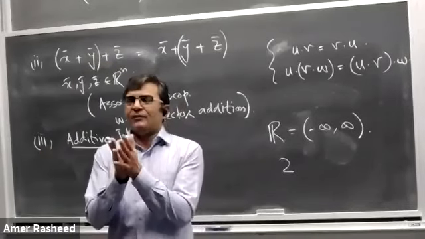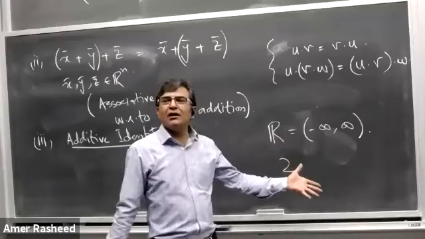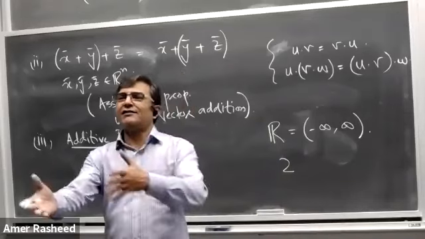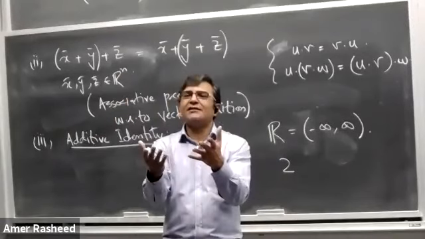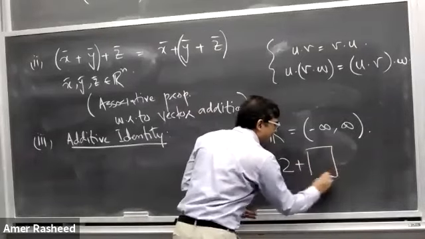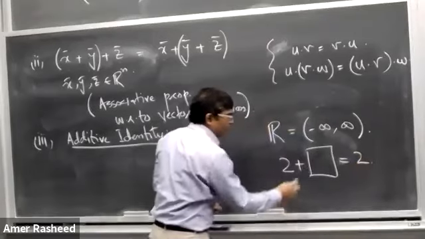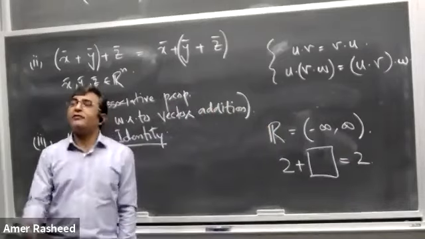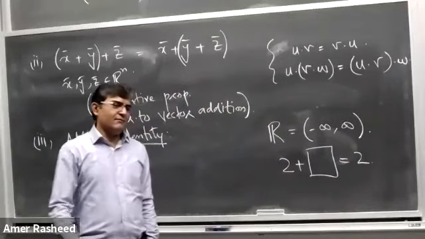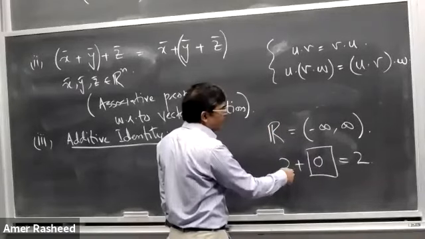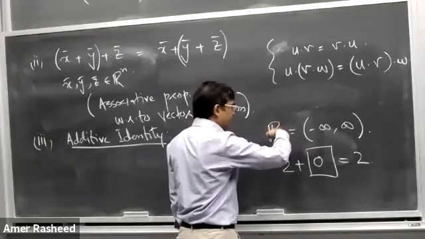A number which we add to this number 2, and the result of that addition gives us the same number, 2 again. That will be the additive identity of this number. So what can we put here to get 2 again in real numbers? Anyone? 0. So 0 is the additive identity in this real numbers space.